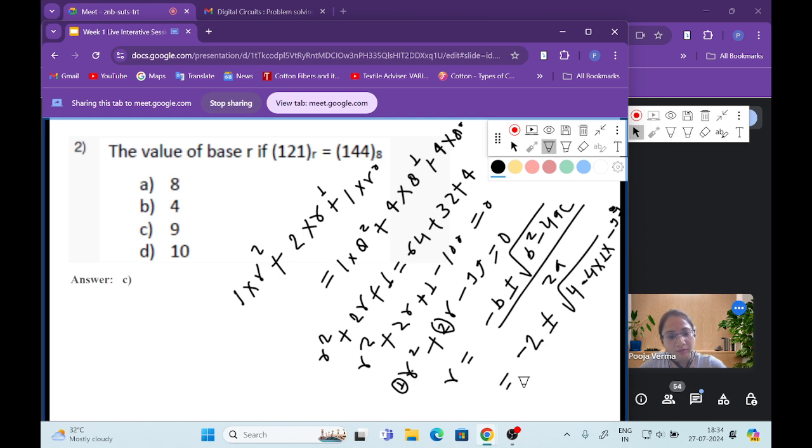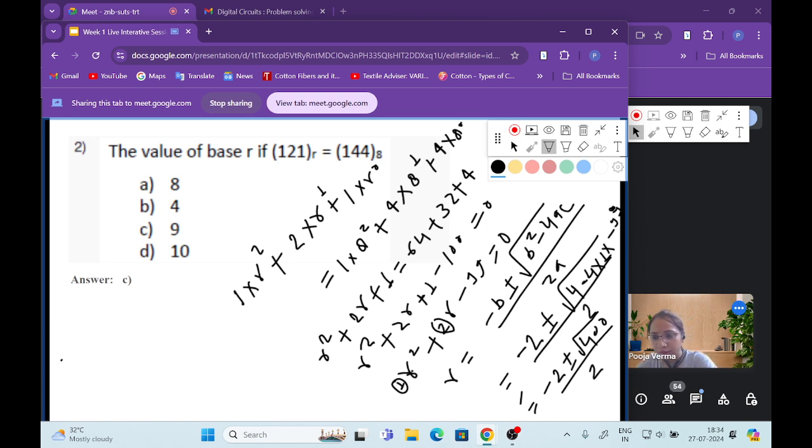Okay, divided by 2a, so 2 only. After that, minus 2 plus minus, if you solve this, 99 into 4, and minus minus will be plus, so here you will get 400 divided by 2. After that I am solving this side.